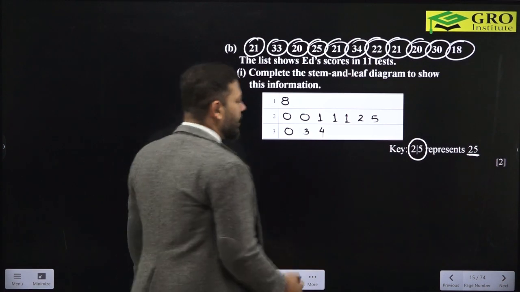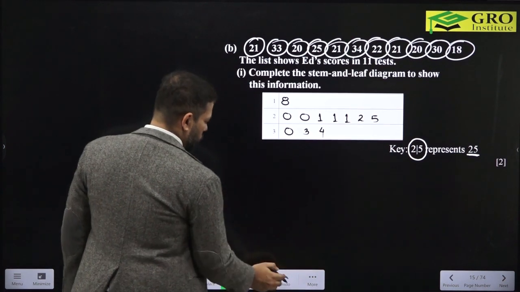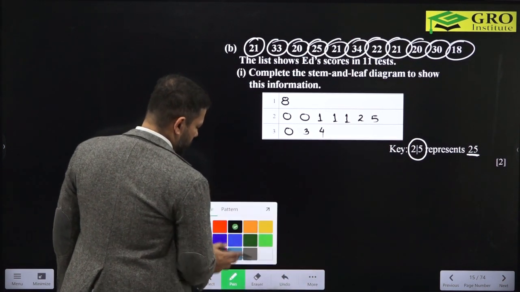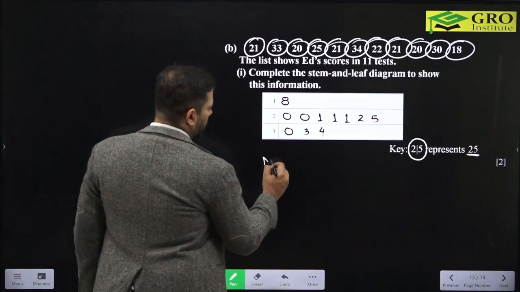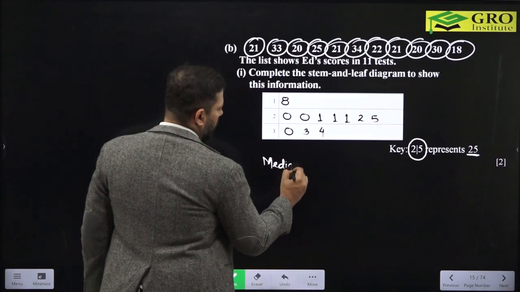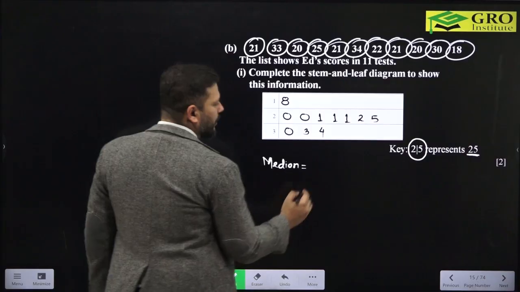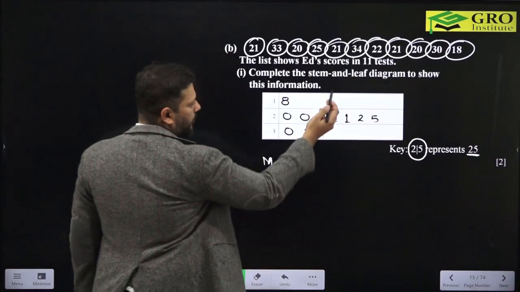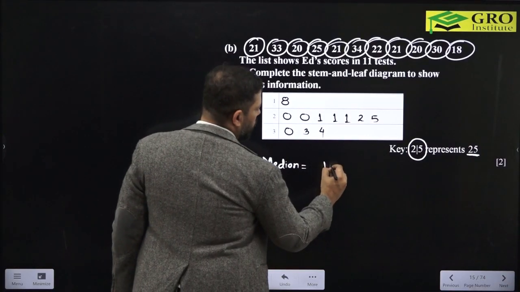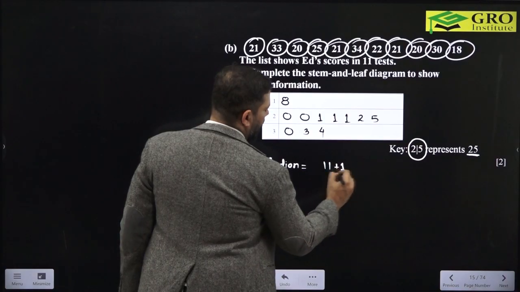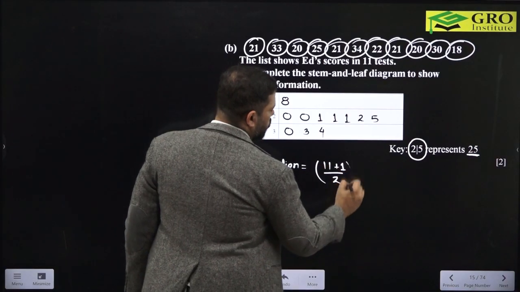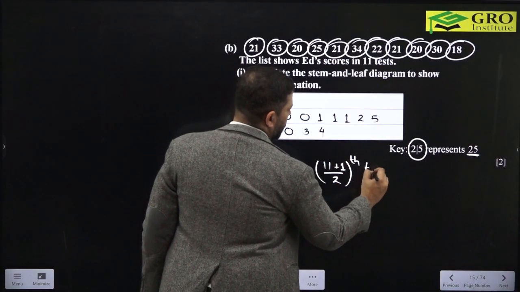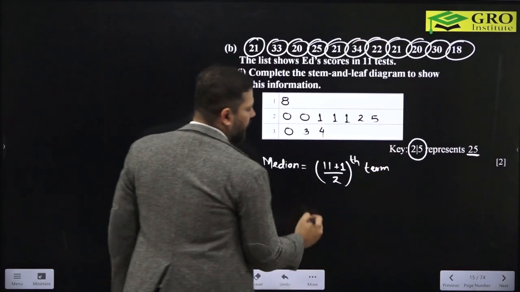The median value would be, if I just try to solve it here, since n is an odd number, that is 11, it is going to be 11 plus 1 upon 2th term. So what is 11 plus 1?